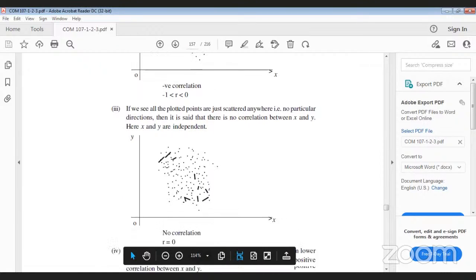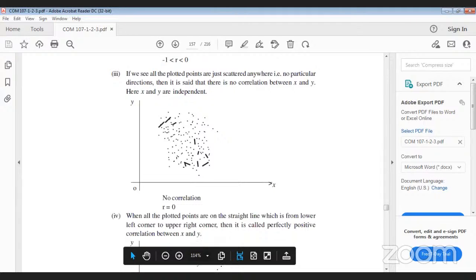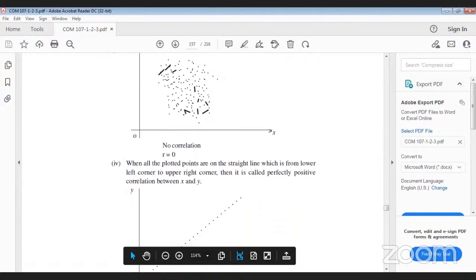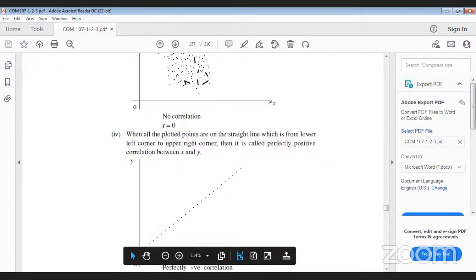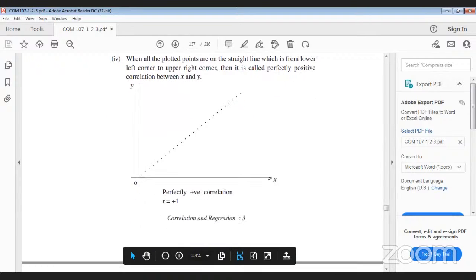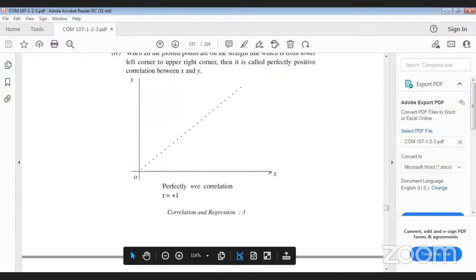Then, when all plotted points are on a straight line from the lower left corner to the upper right corner, it is called perfectly positive correlation between x and y, also known as plus one.